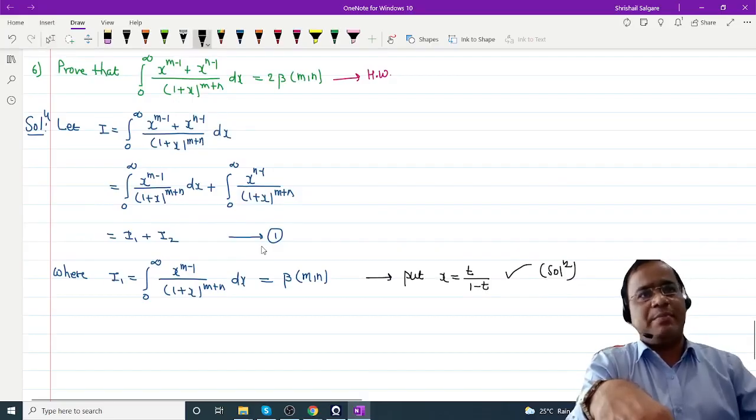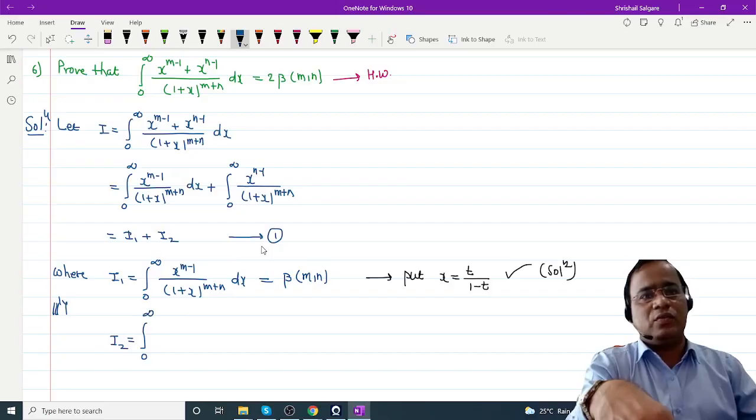Now in the same manner, similarly, for the second integral, you have to change the role of m and n in integral 1. Integral 0 to infinity x raised to n minus 1 divided by 1 plus x raised to m plus n dx. Now it will come as a beta of n, m. Is it okay?